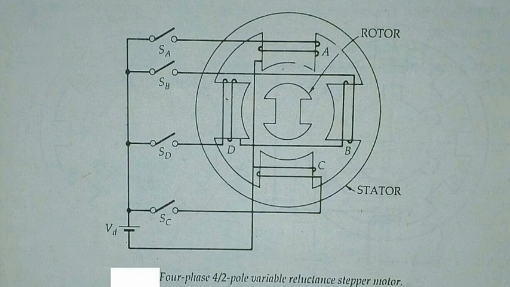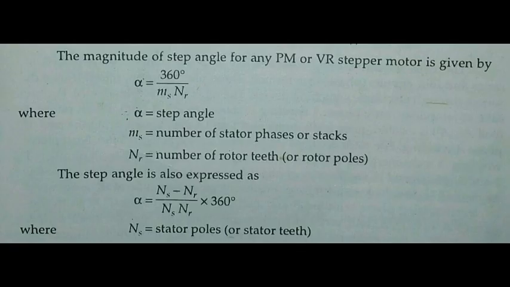The magnitude of step angle for any permanent magnet or variable reluctance stepper motor is given by alpha equal to 360 degree upon ms nr, where alpha is the step angle, ms is the number of stator phases or stacks, nr is the number of rotor teeth or rotor poles.